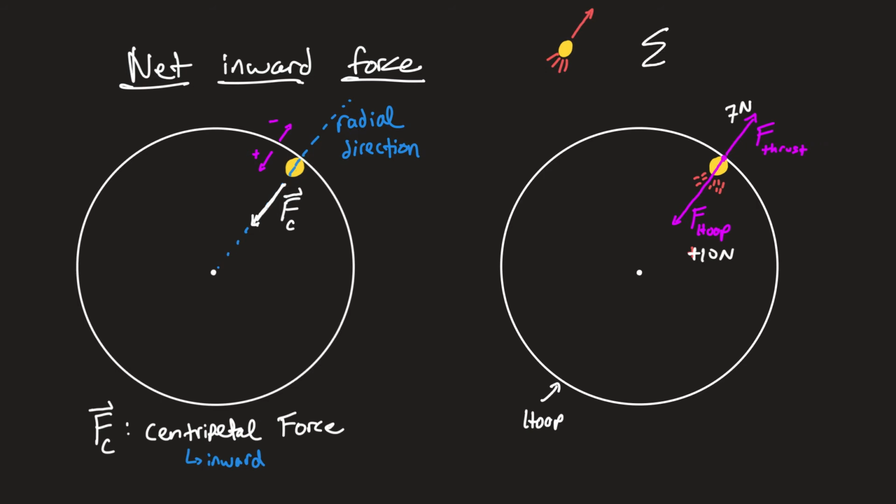What we do is add up all of the radial forces, because that's what they are. They're forces that are parallel to the radial direction. When we do that, we get plus 10 newtons, the first force, plus negative 7 newtons, remembering that negative is outwards, and we end up with positive 3 newtons of net inward force.